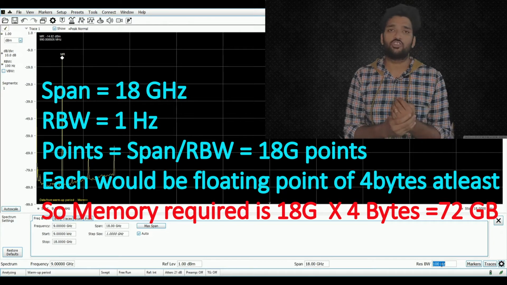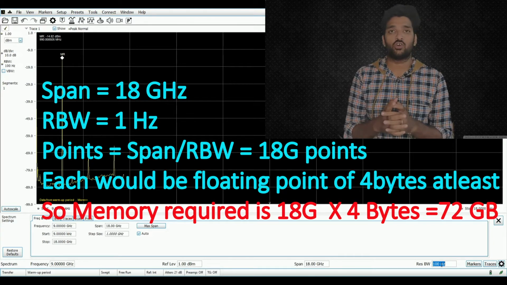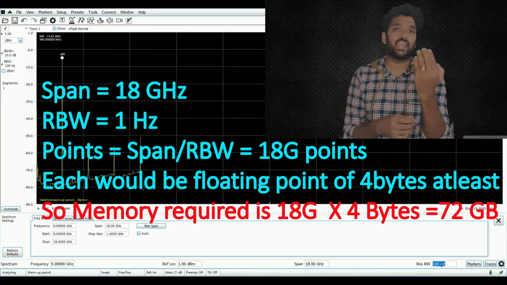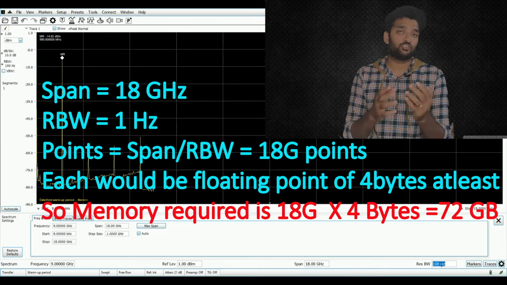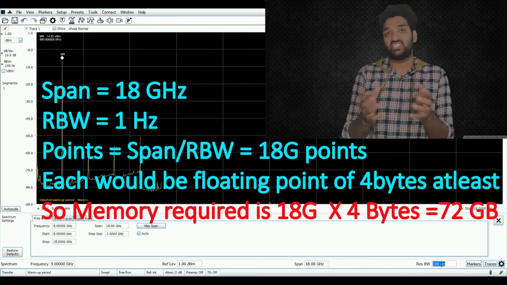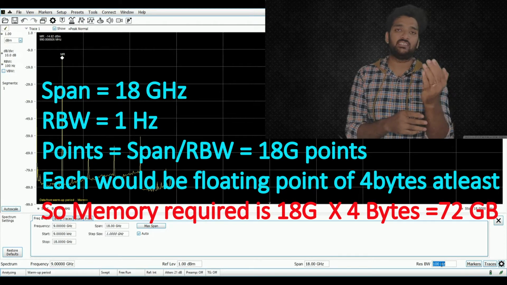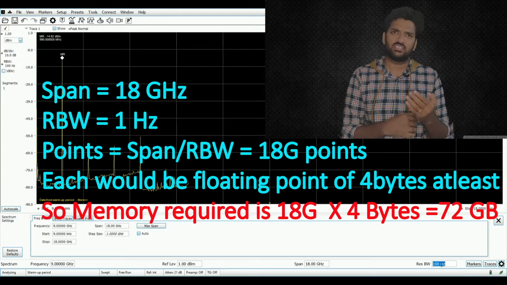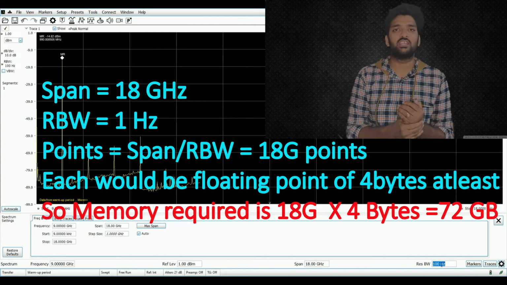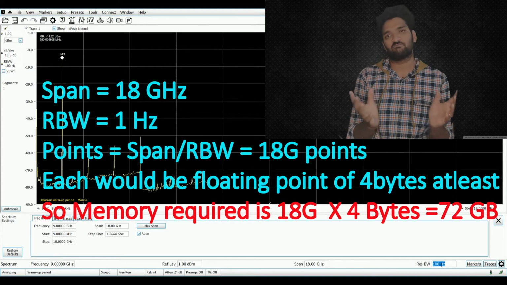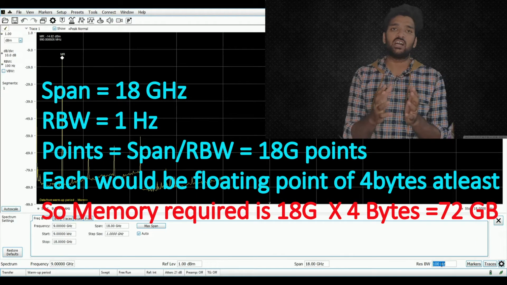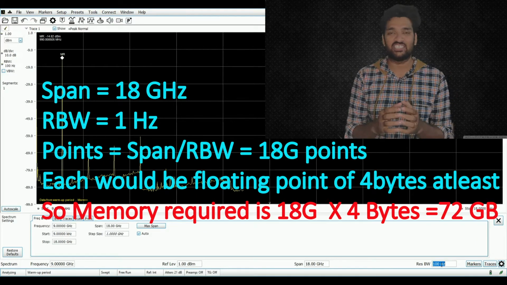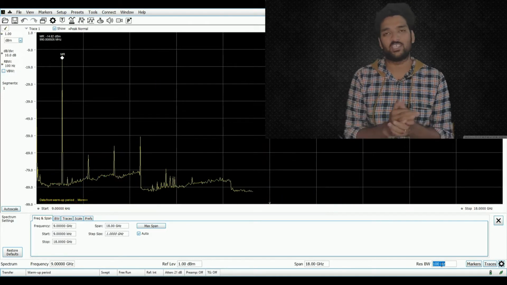So 32-bit corresponds to 4 bytes. We already have 18 giga points we need to display. So 18 giga into 4 bytes we need to store somewhere, which in general is RAM. So 18 giga into 4 is around 72. Well, obviously we don't have that much RAM available, and obviously this is not the way a spectrum analyzer works.